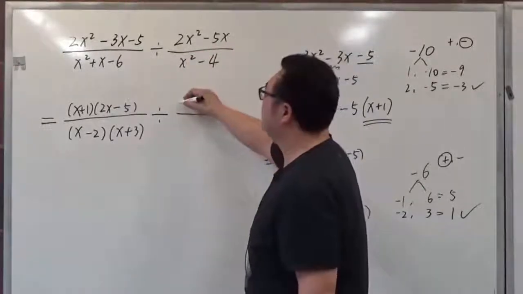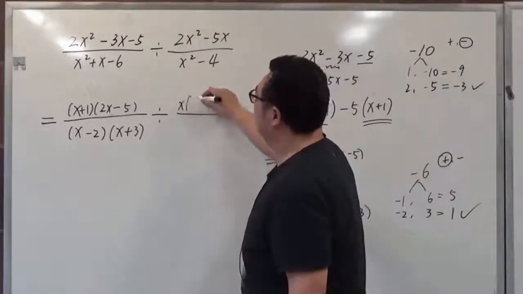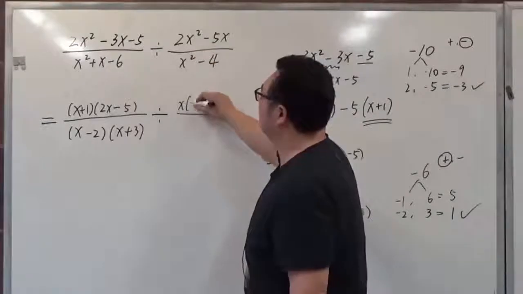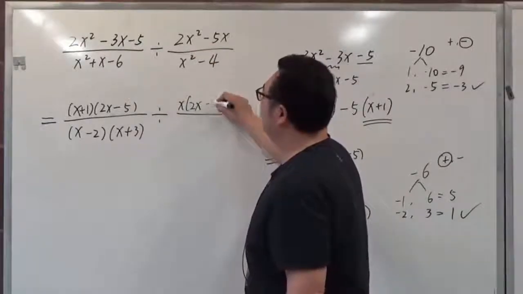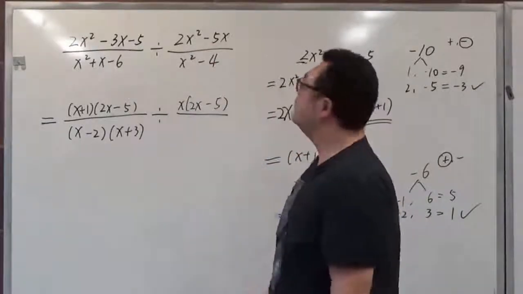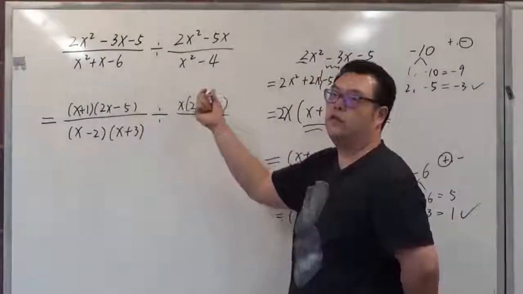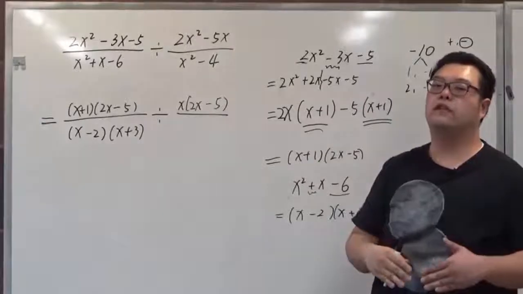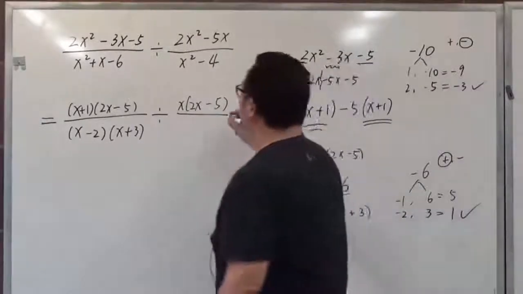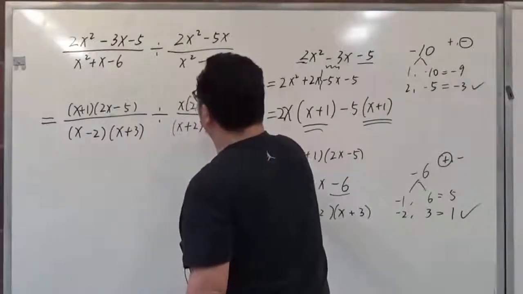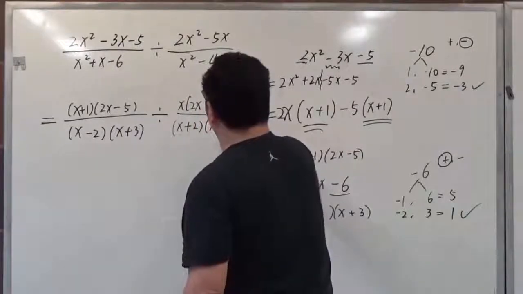Then the remaining inside the parentheses has two terms, 2x and negative 5. And last but not least, we have x squared minus 4, which is the difference of two squares, the square of x and the square of 2.